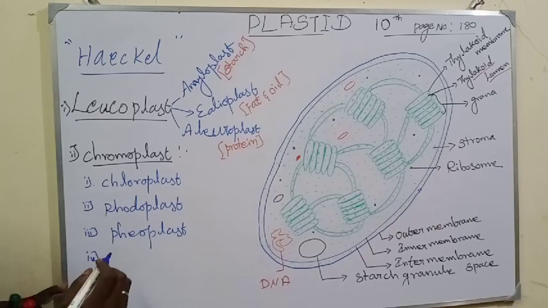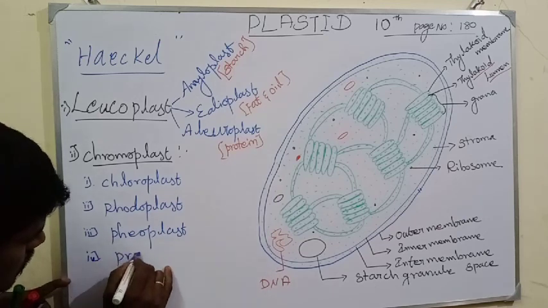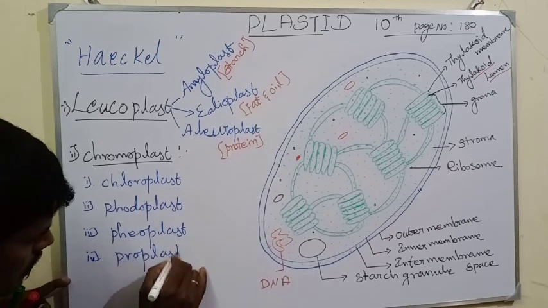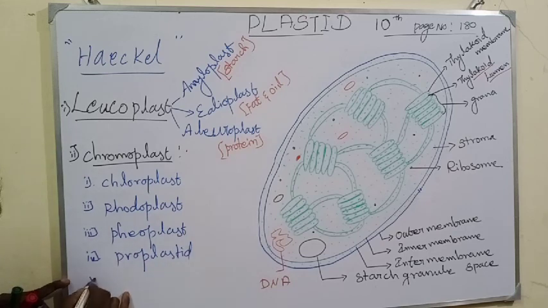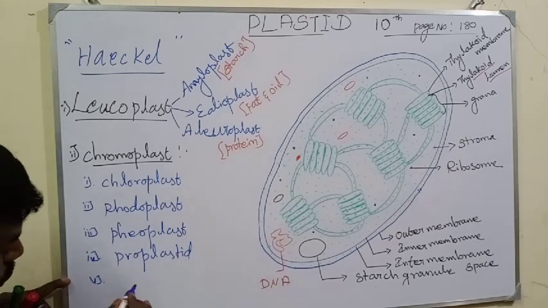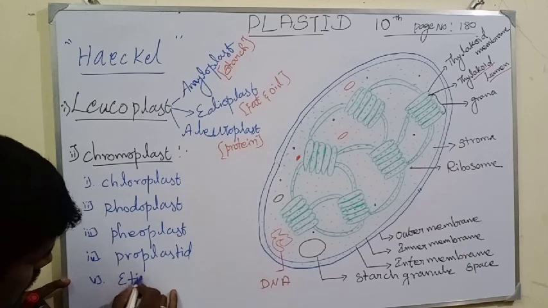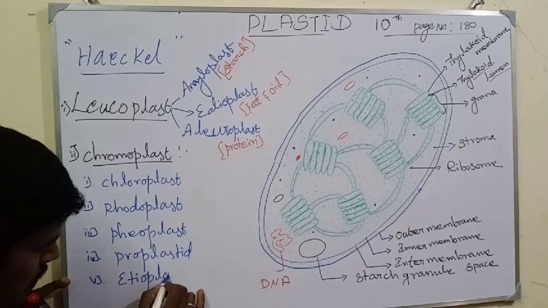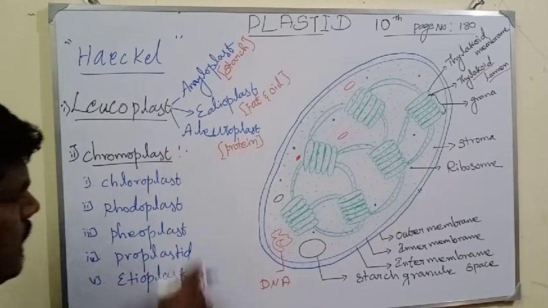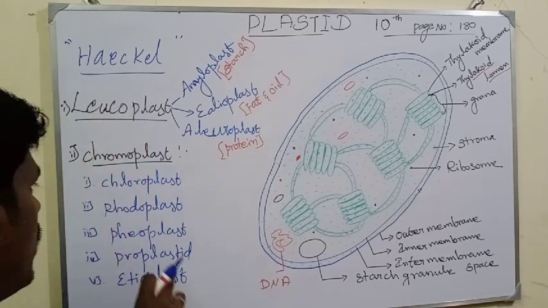And fourth one, proplastid. And fifth one, etioplast. So, like that, these are present in plastids.